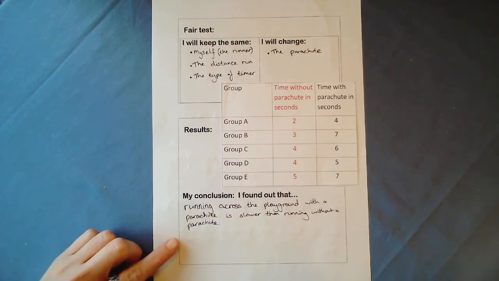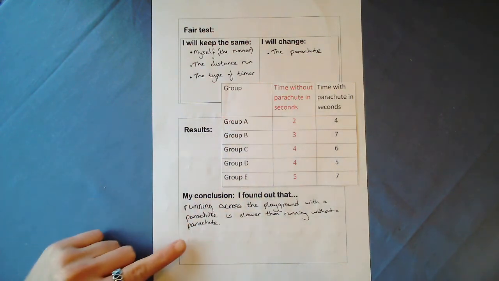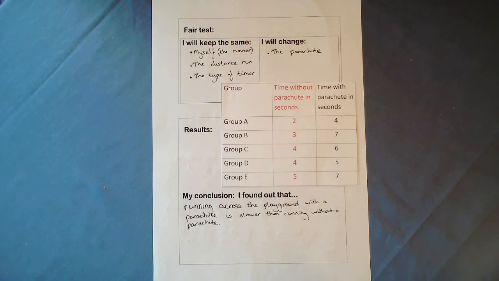Now, as a challenge, could you have a go at linking this conclusion to air resistance? So you might say something like, this is because the cardboard parachute has a greater area and therefore there is more air resistance and that slows me down.